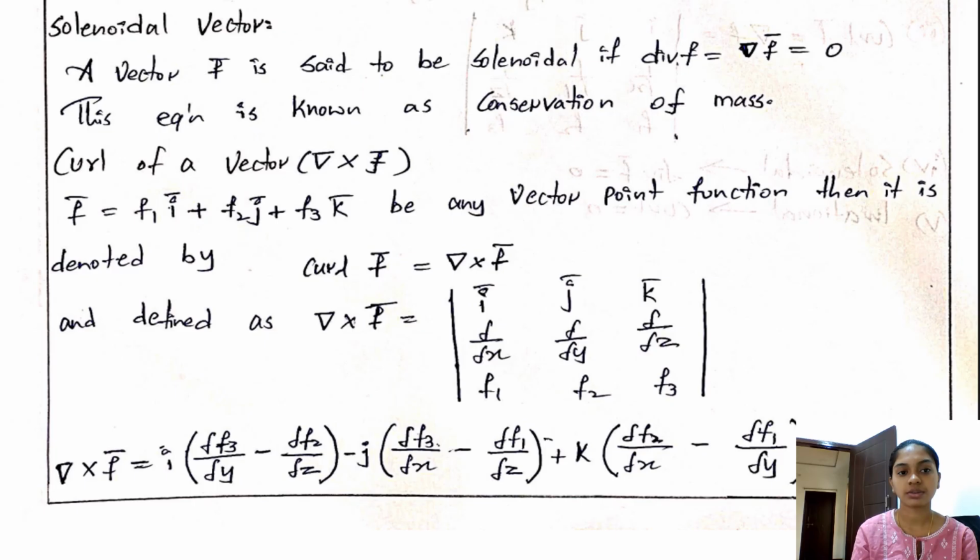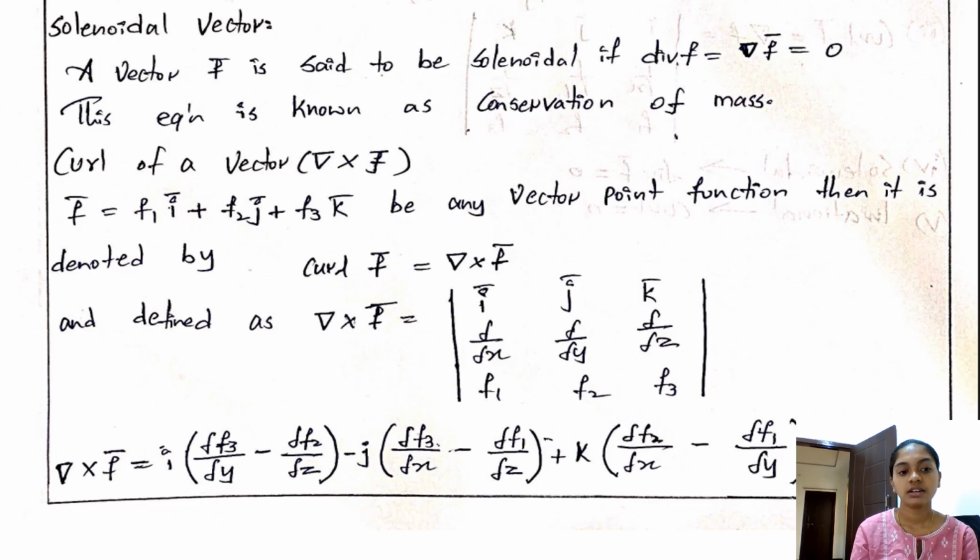Curl of a vector is del cross f, where f = f1 i + f2 j + f3 k is any vector point function, and it is denoted by curl f. That is, curl f = del × f, defined as the determinant of i, j, k; ∂/∂x, ∂/∂y, ∂/∂z; f1, f2, f3.